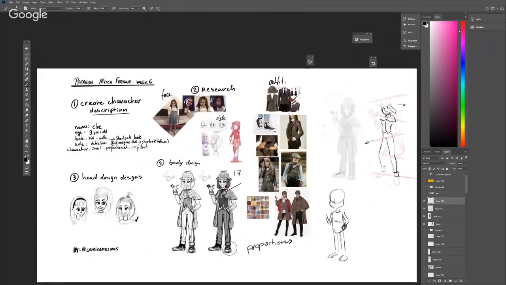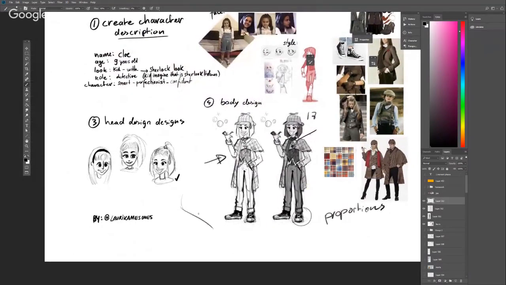But nice. Maybe for next week try to make her a bit more of a child, and then try to come up with some cool poses. Maybe she's walking around with a magnifying glass or something, searching for a clue.